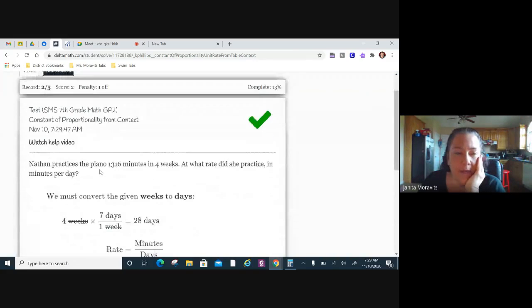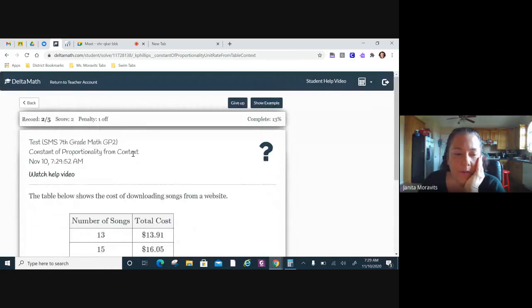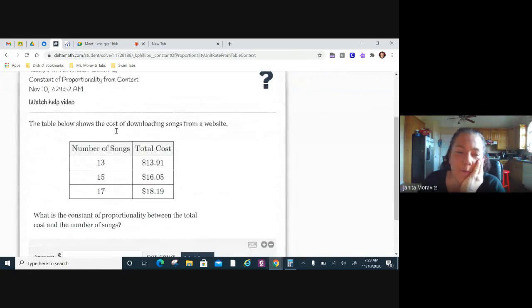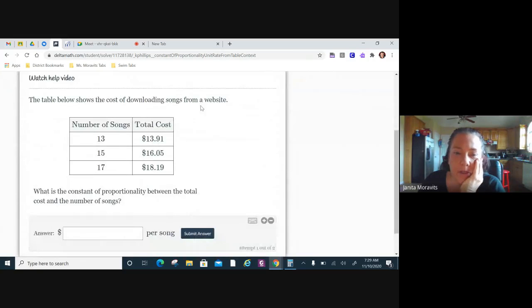I'm going to go ahead and do another problem with you. It says the table below shows the cost of downloading songs from a website. What is the constant of proportionality between the total cost and the number of songs? So we want to know how much it costs per song. So our song is what we want to set equal to 1.